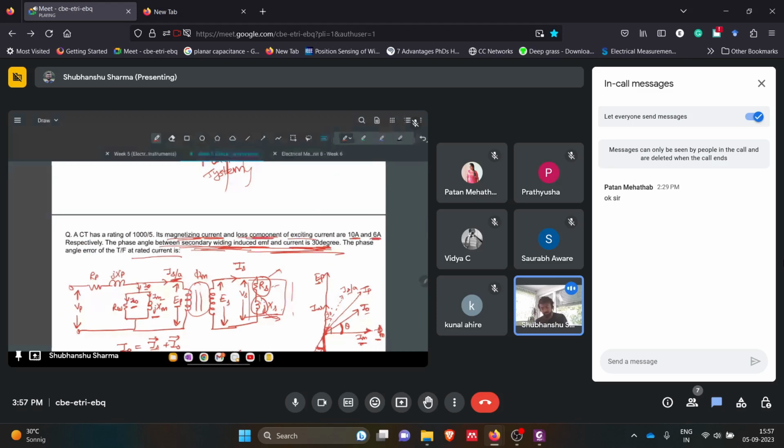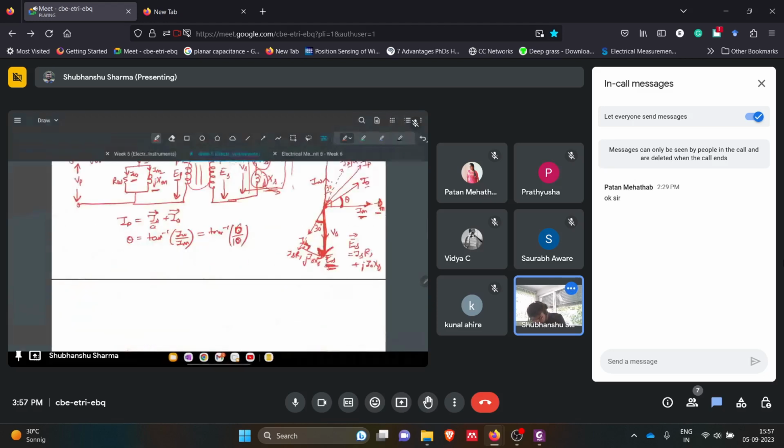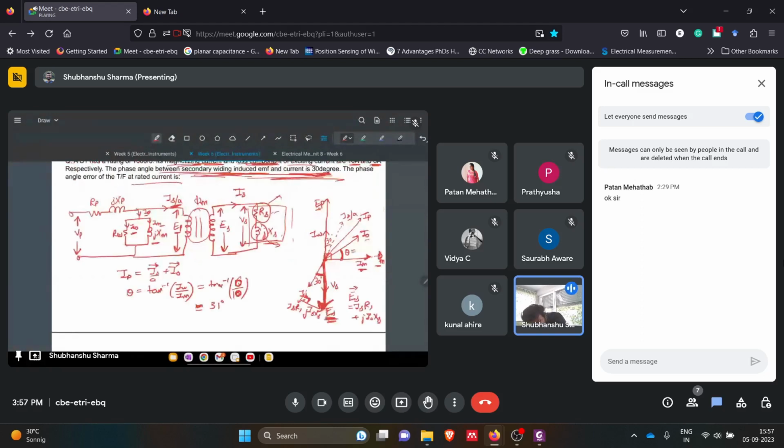Sorry, this is 6 and this is 10, the magnetizing current. So this will be 0.6, which is approximately 31 degrees.